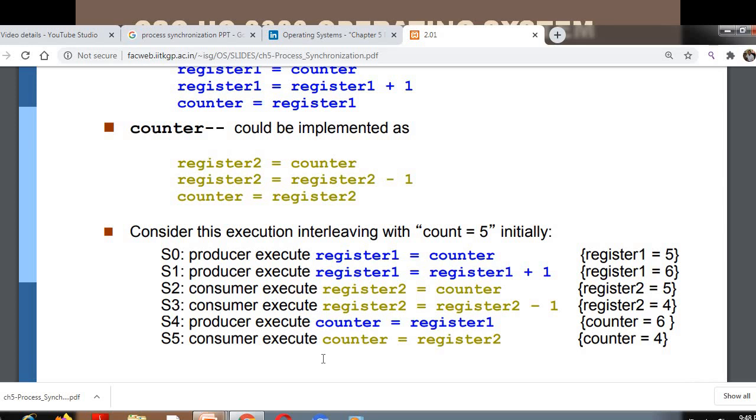Consider the execution interleaving with counter equal to 5 initially. S0: producer executes register1 equals counter, so register1 equals 5.